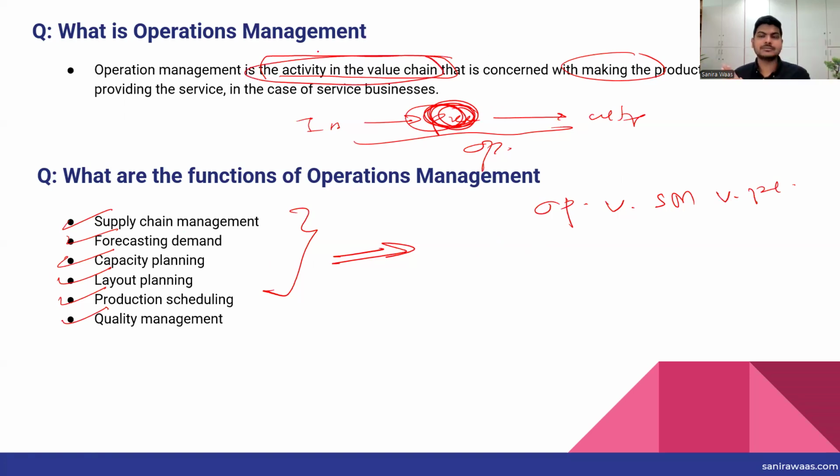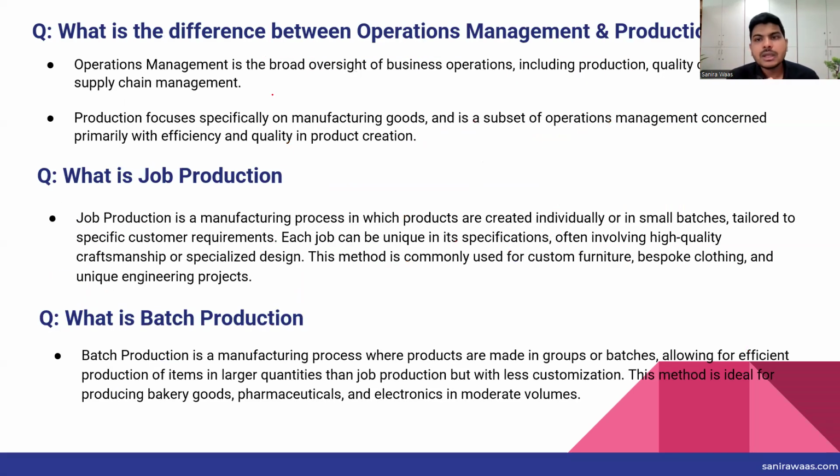Suppliers are mostly with your inputs. You work with your suppliers, then you produce, and then you derive your output. This entire process is called operations management, just to give you an understanding. So as I mentioned, operations management is the broader perspective, whereas production is only the manufacturing part.